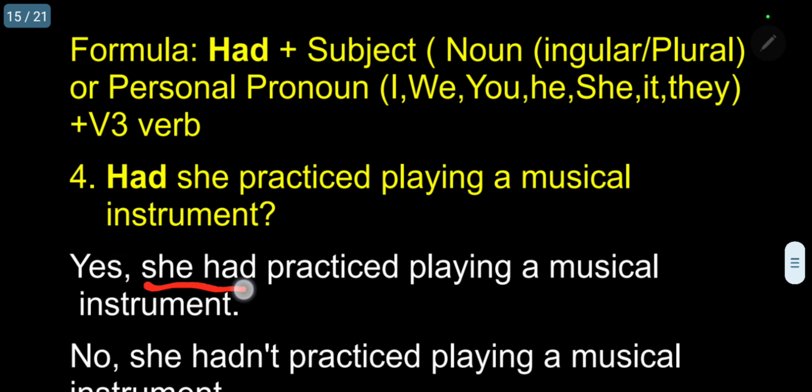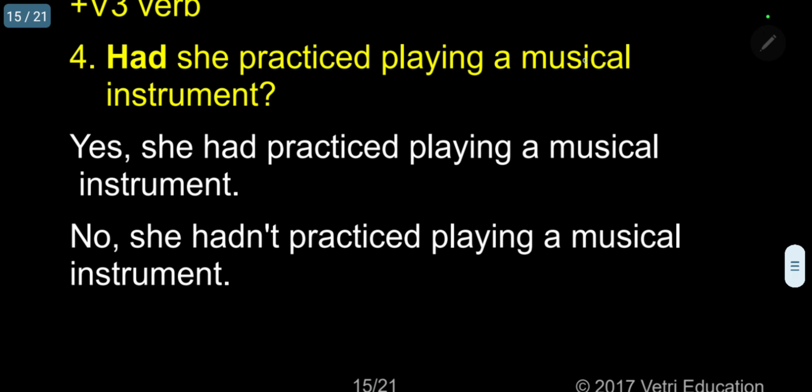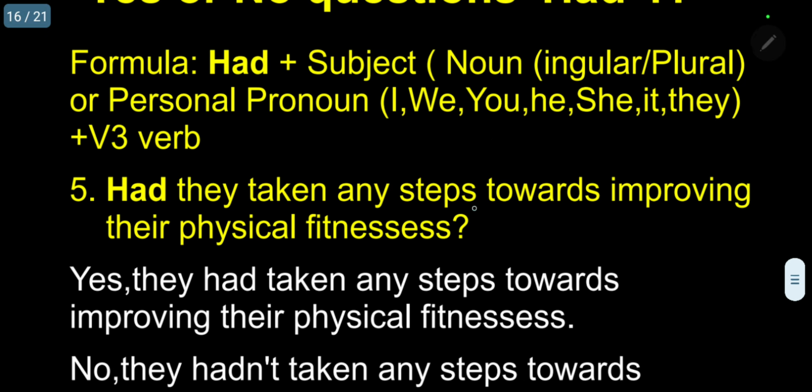Yes, she had practiced playing a musical instrument. Had, auxiliary; practiced, past participle. Other possibility. No, she hadn't practiced playing a musical instrument. So, practiced, past participle. Kindly follow.